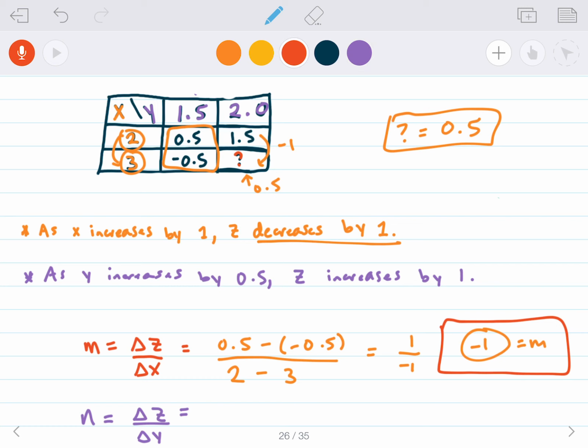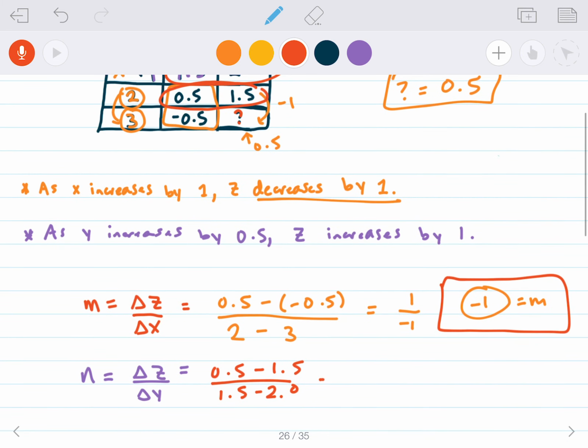Okay, so I can look at this first row if I want to, and I can say, okay, well, the change in z, we're going from 0.5 minus 1.5, over the y's that correspond. So 1.5 minus 2. Change in z over change in y. Let's go ahead and simplify this out. And we get negative 1 over negative 0.5, which is going to just give us positive 2.